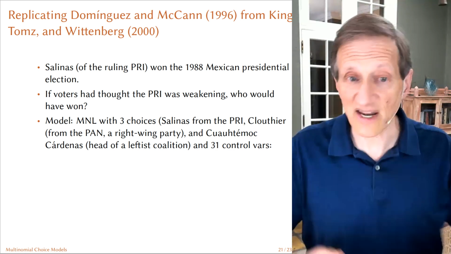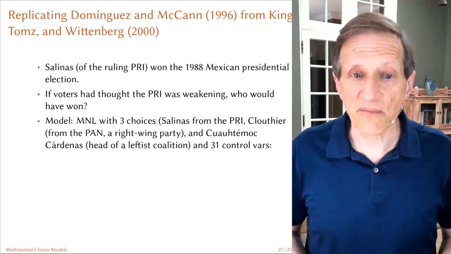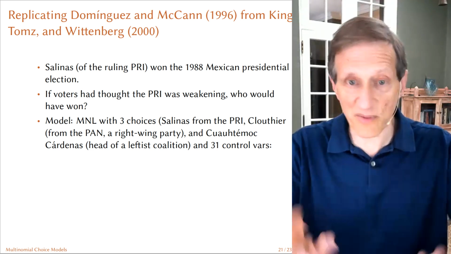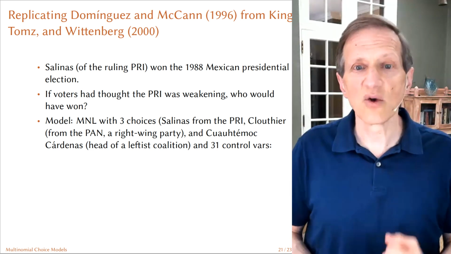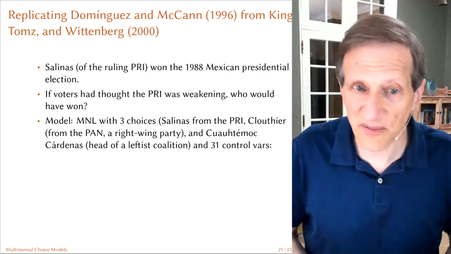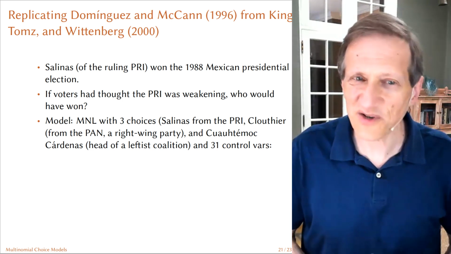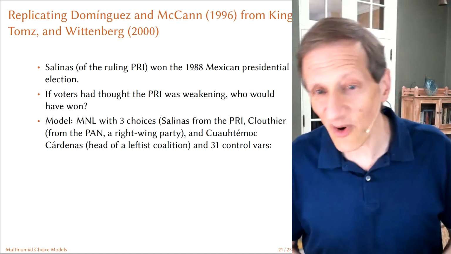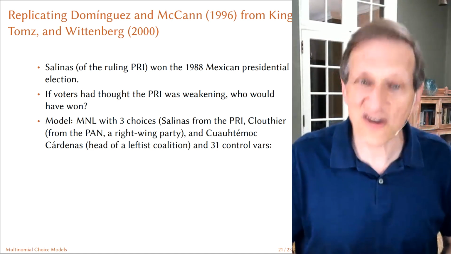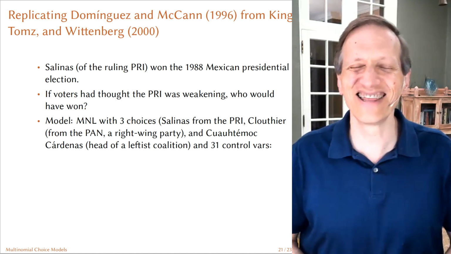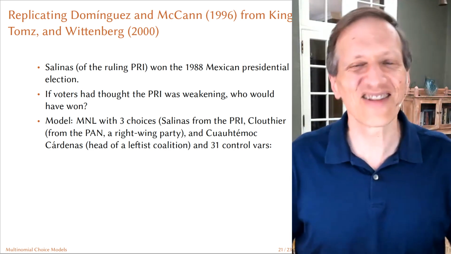Well, they ran a survey, and the model was a multinomial logit model with 3 choices. There were 3 parties. One choice was vote for Salinas from the PRI, one for Clothier, which was from the PAN, a right-wing party, and there's a third one, which is the head of the leftist coalition.